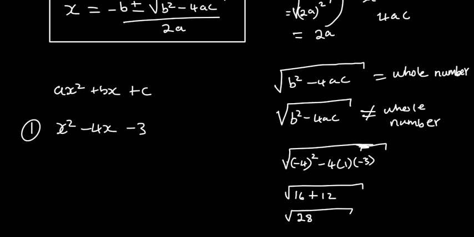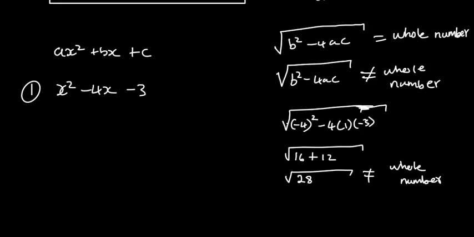We all know that 28 is not a perfect square, so this will not give you a whole number. So immediately we apply the completing the square method.